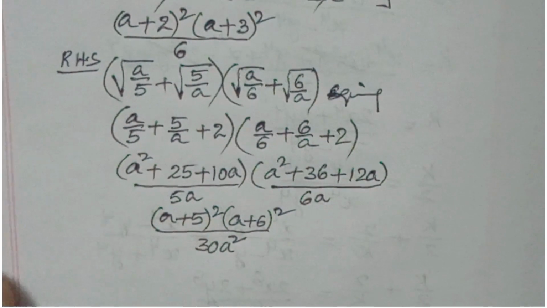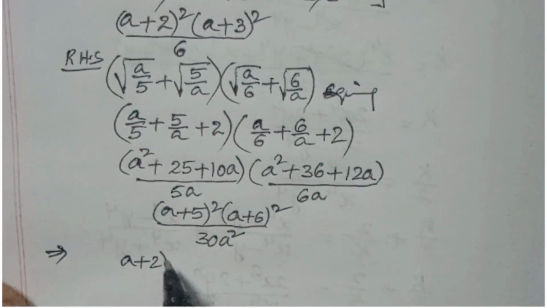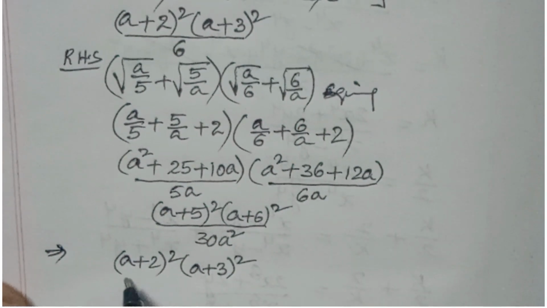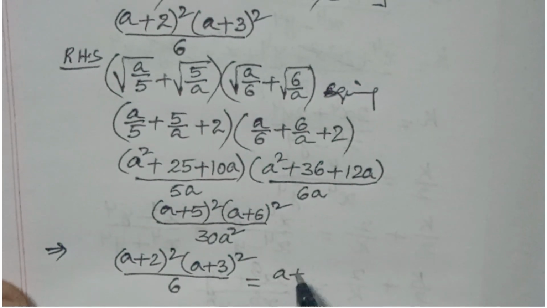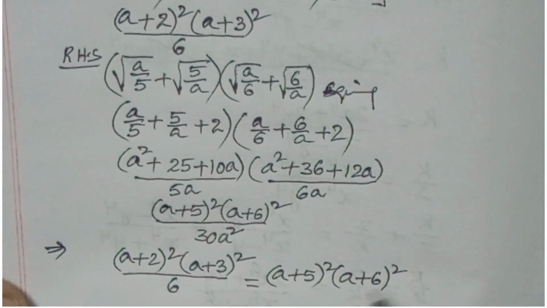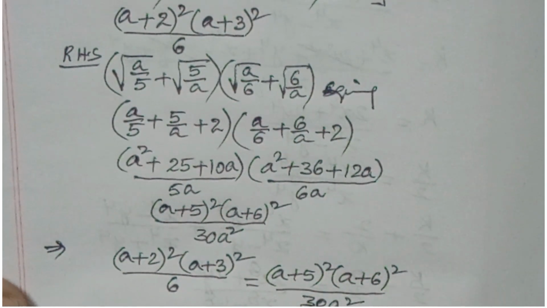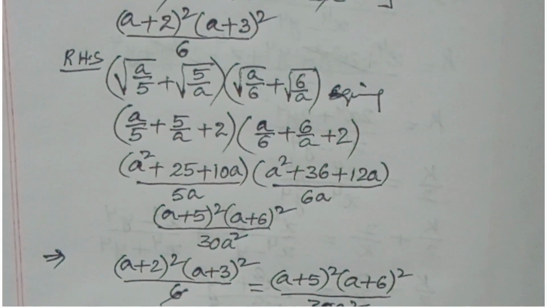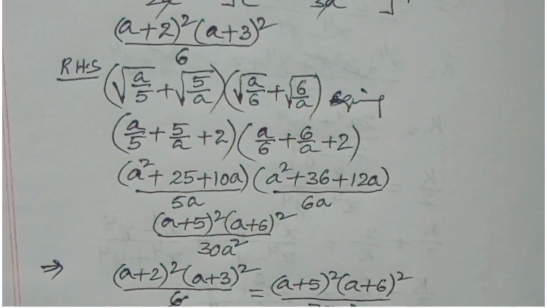Now LHS and RHS are equal, so we make them equal: (a + 2)^2 (a + 3)^2 by 6 is equal to (a + 5)^2 (a + 6)^2 by 30a^2. Here 6 goes into 30 five times.